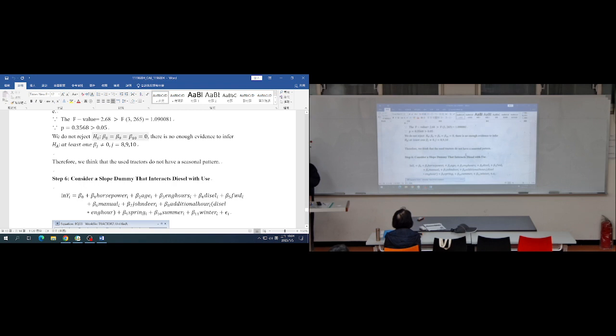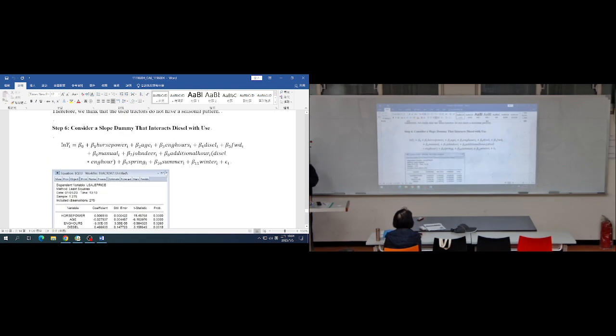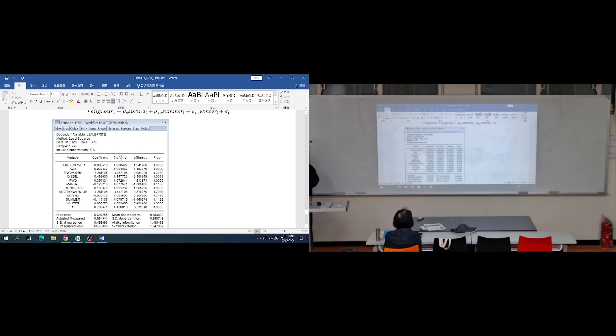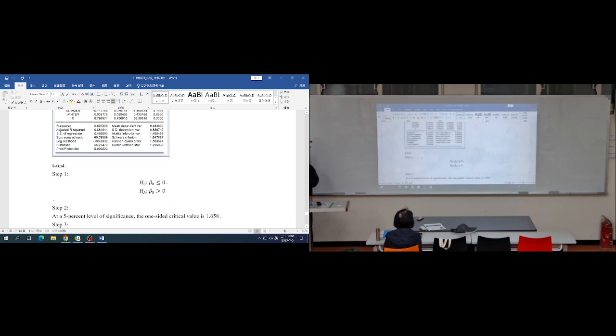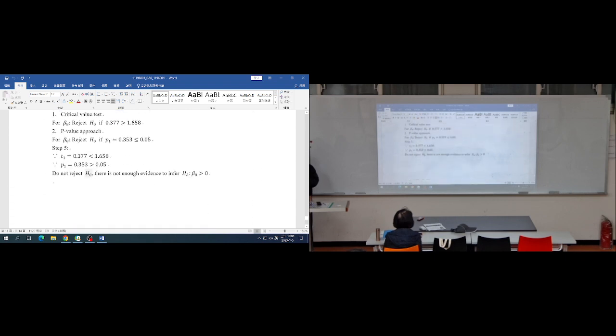And step 6 is we need to create a slope dummy variable. So I add this additional hour. I use diesel times engine hour. And this is the result I got. I do a t-test, and the result is we do not reject the null hypothesis.